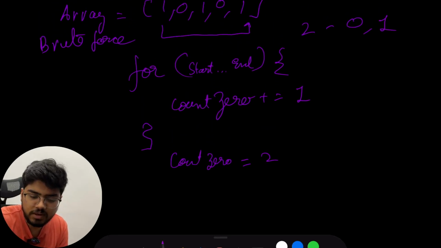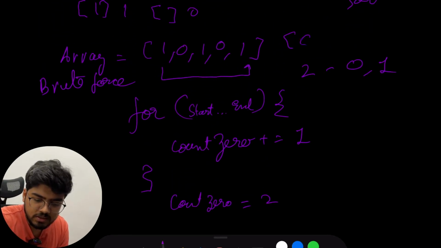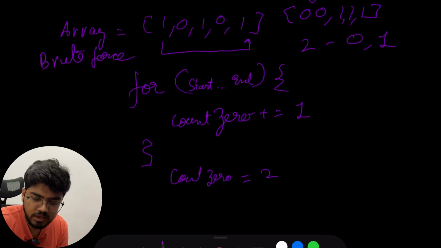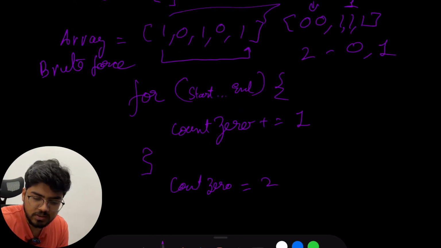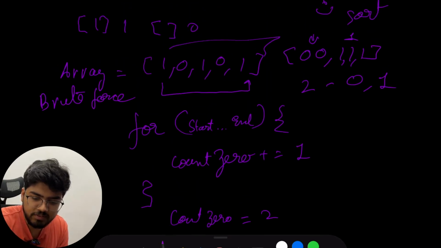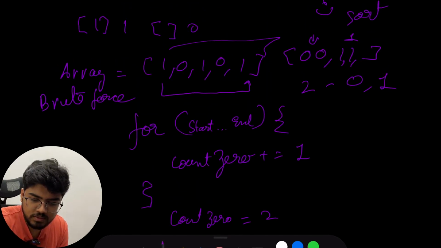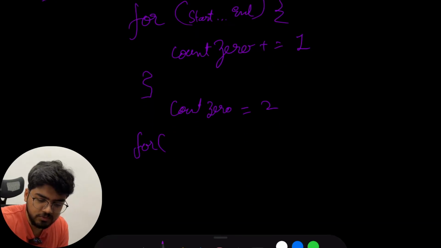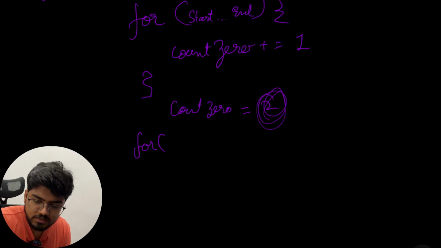Since we know that we have to make it 0 0 1 1 1, 0 should be first and then 1, and we know the total length. Total length is 1 2 3 4 5, 5 elements. So now we will run another for loop, and in that loop we will make the first number of elements, which is 2, be 0.